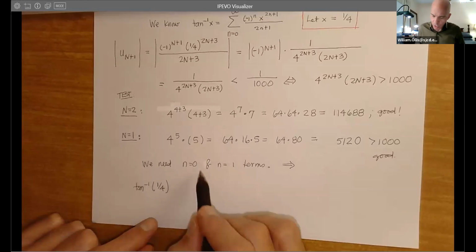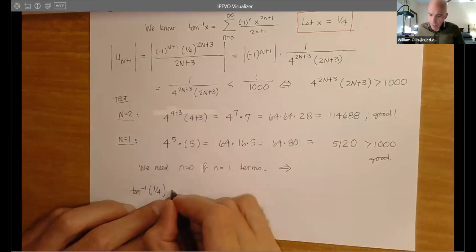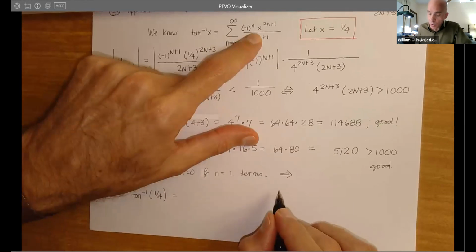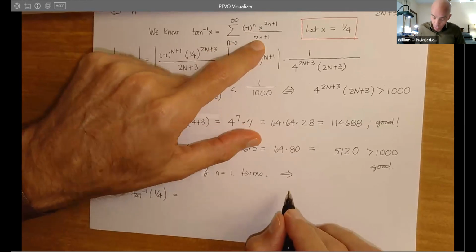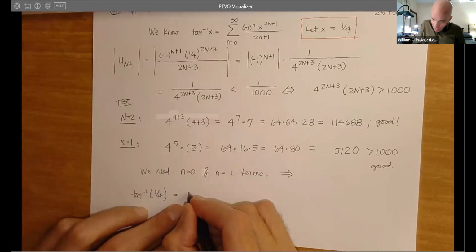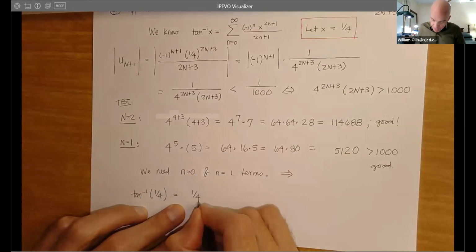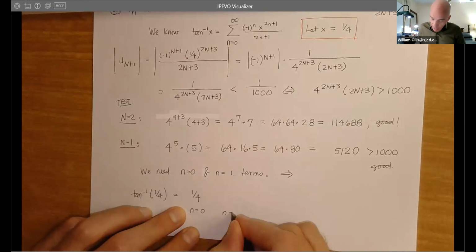So that's going to give us 2 terms. So let's go up here to our series. In this case, when n is equal to 0, we get 1/4 to the 0 divided by 1, and of course that's 1. So we get 1/4. So this is n equals 0. And now we need n equals 1.